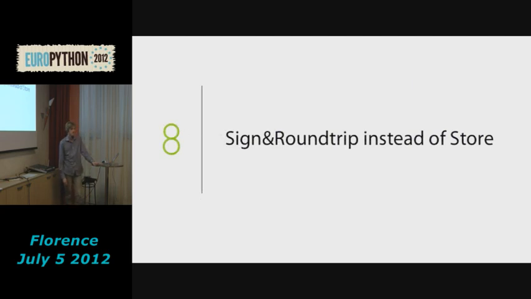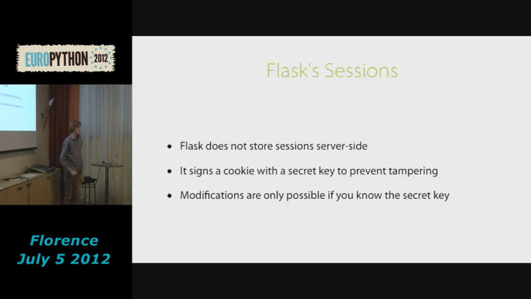This pattern is actually not Flask related really, but it's very useful. What I see that a lot of people are doing is they store redemption tokens in a database. For instance, you want to activate your user account. So you generate a random token, you store it in a database, then you send a mail, and in the mail there's this link that you can follow, and then you copy your redemption token onto the website, or you follow this unique link.